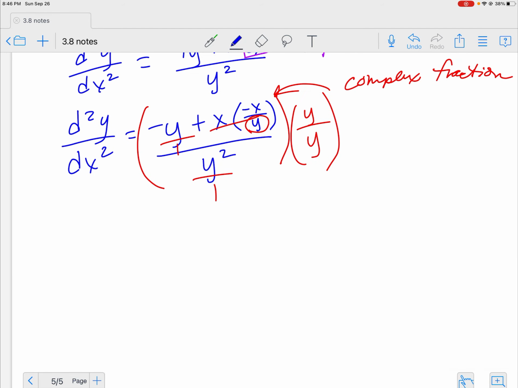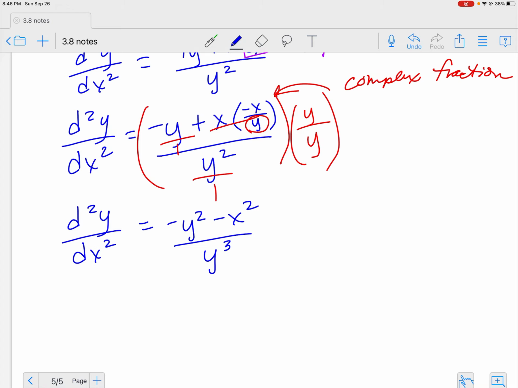When I multiply through that common denominator, d squared y over dx squared, yes, you have to keep writing that notation because that is what shows that you have a second derivative. So I get negative y squared and then negative x squared, right? The y times this term cancels out, but this x times x is negative x squared. On the bottom, I end up with a y cubed because I just multiply another one by that one.